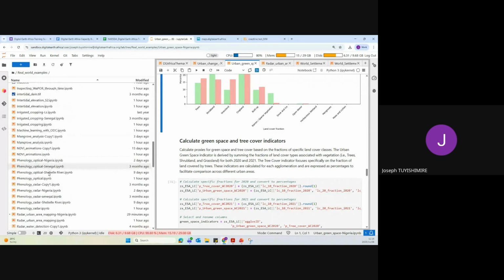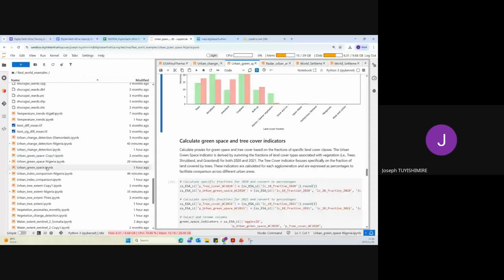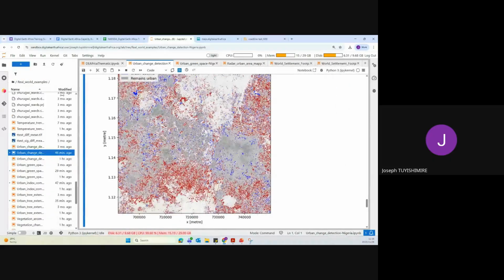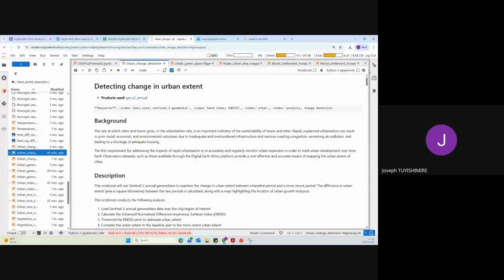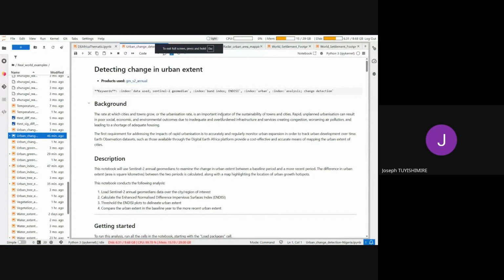Please ignore the other notebooks; I've been creating them as I'm training a lot of people. Urban Change Detection. You just duplicate this notebook, and after duplicating it, you can open it. It will be Urban Change Detection. Let's go together if possible.